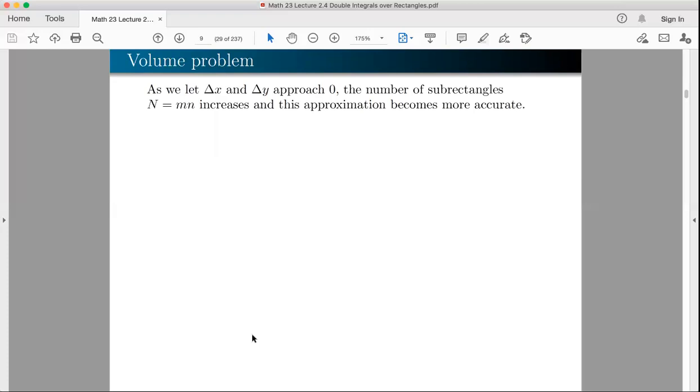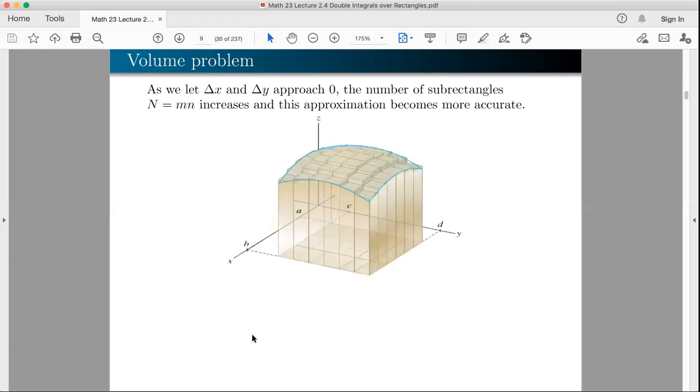Our approximation becomes more accurate. So these are illustrations: the smaller the subrectangles we use, the more accurate the approximation becomes. And as n approaches infinity, we get the exact volume of the solid. This volume is given by the limit as n approaches infinity of the Riemann sum.